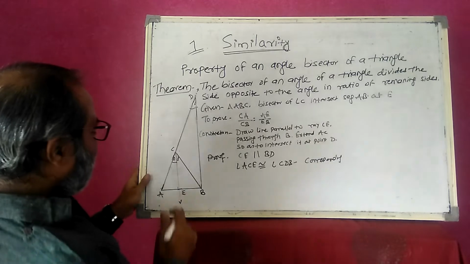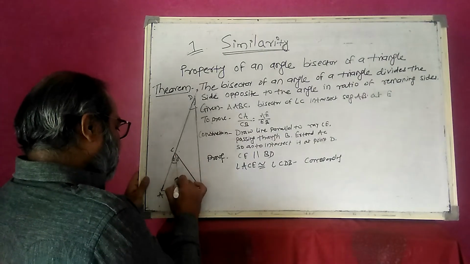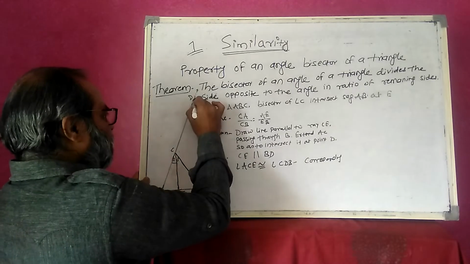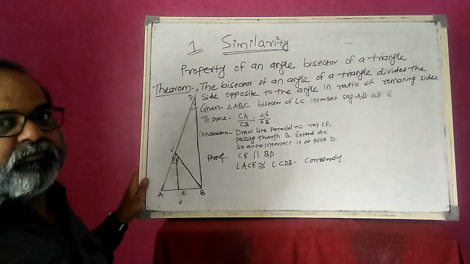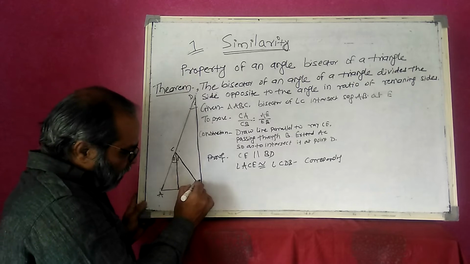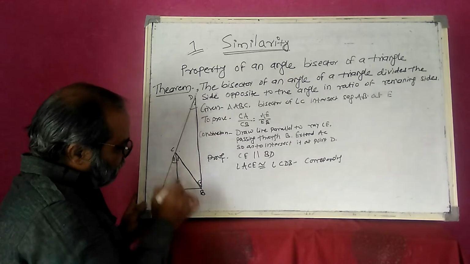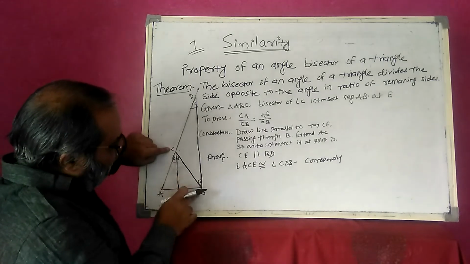Now look here, I just darkened something. You just concentrate on that. This is actually the formation of a Z and these lines are parallel to each other. So angle ECB and angle CBD.